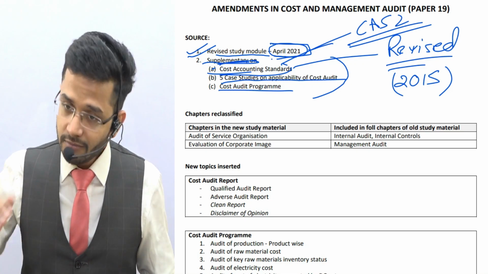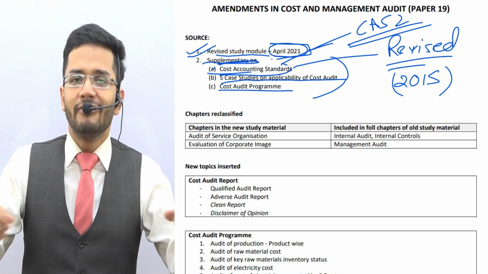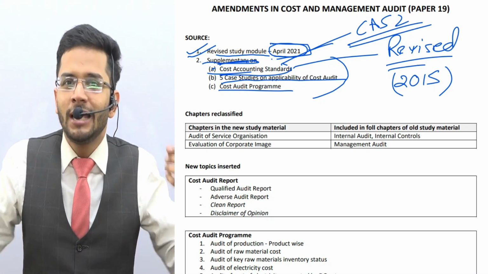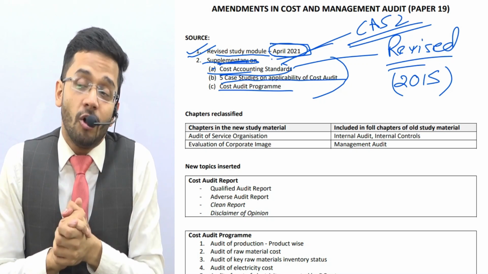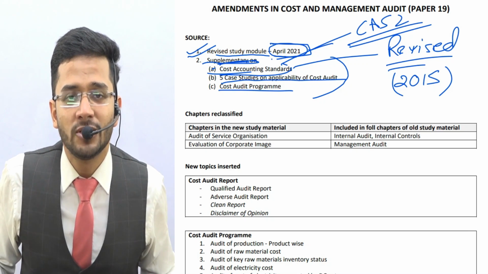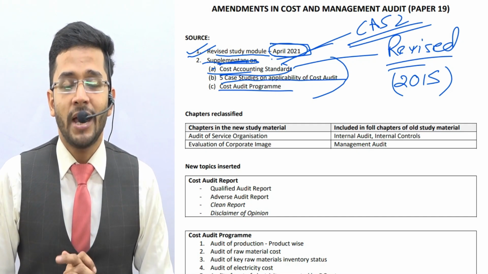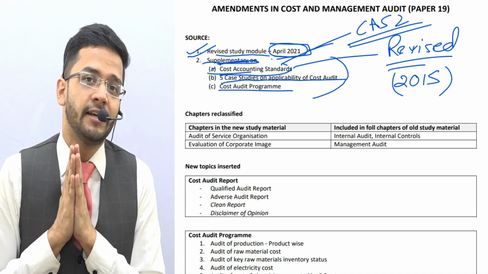Because now as per the revised Cost Accounting Standard 2, there is no practical capacity. There's only installed capacity, normal capacity and actual capacity. So I thought that the Institute might take a step and delete all those questions which have been solved as per the old CAS. But no, the questions as per the old CAS have also been integrated in the new study material.